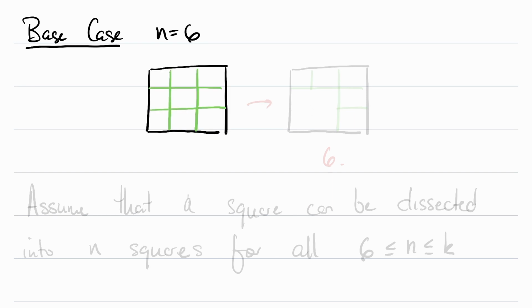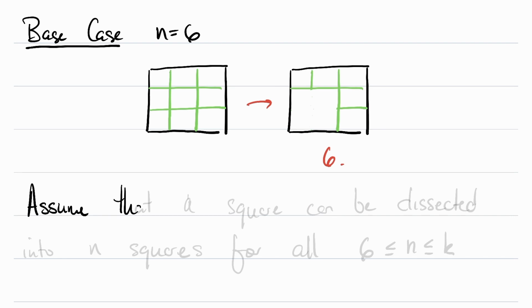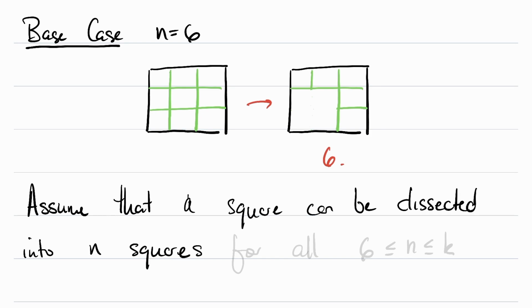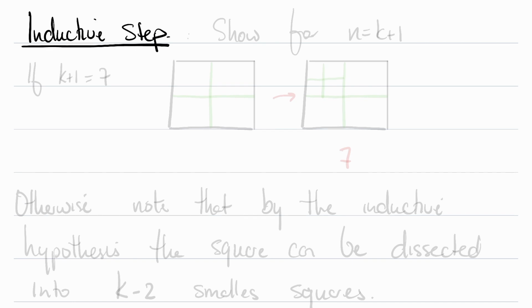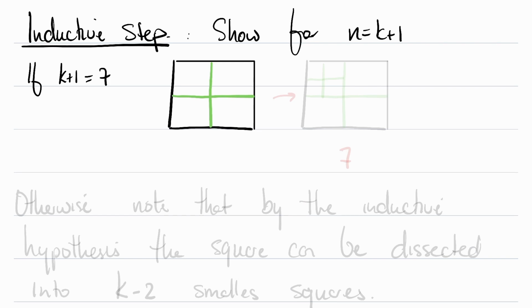All we have to remember is that we don't actually have to have all squares being the same size. All right, then we're going to assume our inductive hypothesis. Assume that a square can be dissected into n squares for all n between 6 and k. Then we have to show that it works for k plus 1. If k plus 1 is 7, then we can do it like so. We can split our square into 4 and then split one of those squares into 4 in the way that we illustrated before.